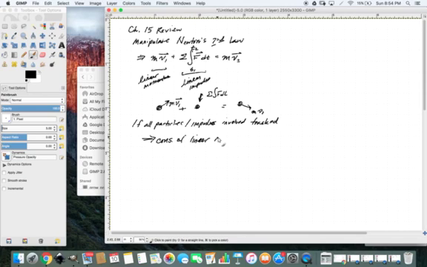I'm careful not just to say conservation of momentum, because we do want to distinctly talk about linear from angular momentum, and that's what we'll be getting soon.